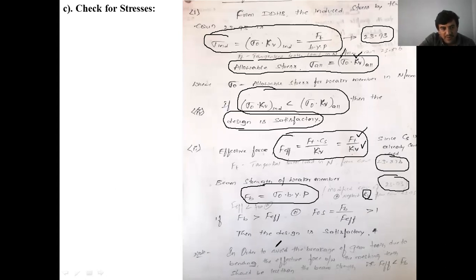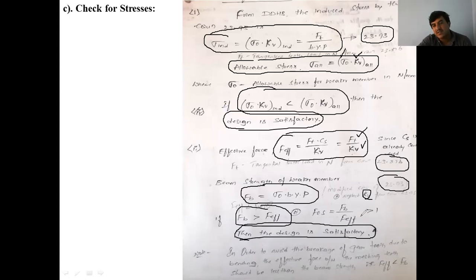The bending strength of the beam should be greater than the effective force. Then you can say the design is safe, that gives a factor of safety greater than 1. The bending load should be more than the effective force on the tooth. Then the design is safe. This is how to check whether the stresses induced in the gear tooth against static load are safe or unsafe.